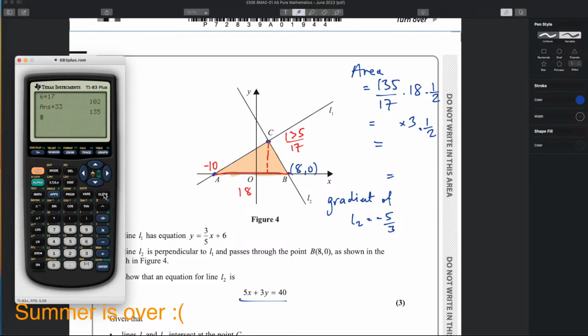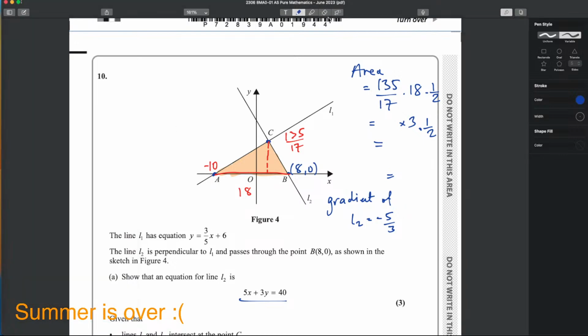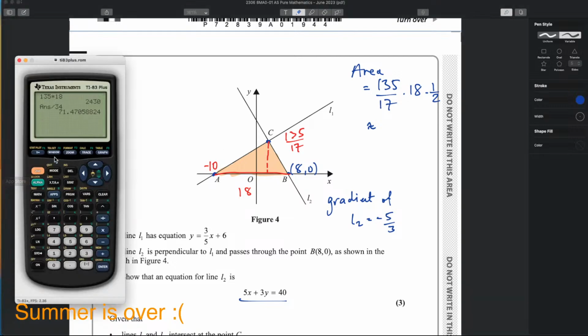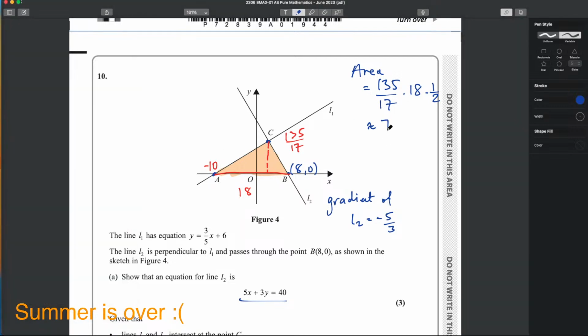So 135 times 18 divided by 34 gives us 71 point, let's round it off, 71.47 approximately, which is the correct answer.